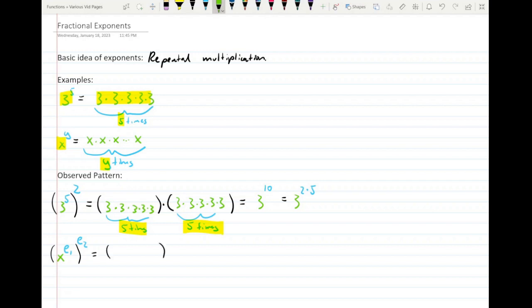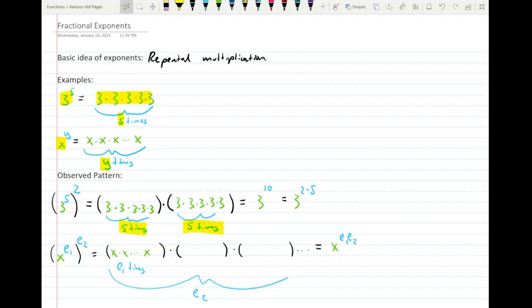We first multiply x by itself e1 times, the first exponent, and then take that thing and multiply it by itself e2 times, the second exponent, for a total of e1 times e2 multiplications of the original base, which is the same thing as raising the original base to e1 times e2.